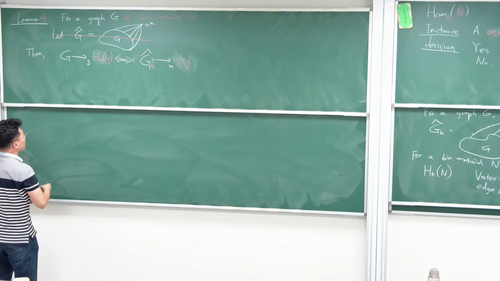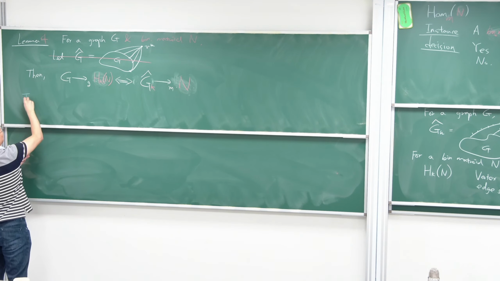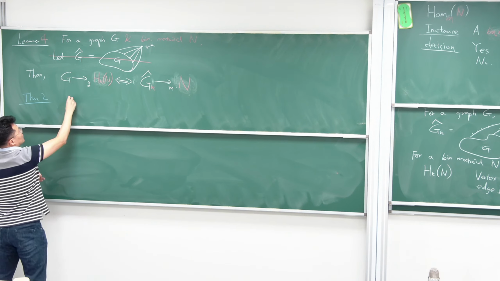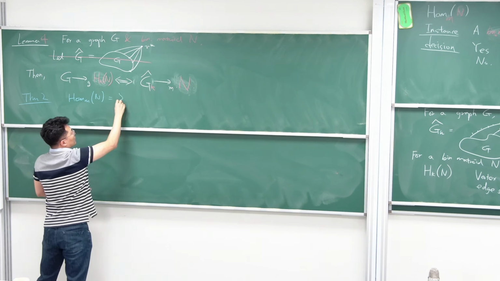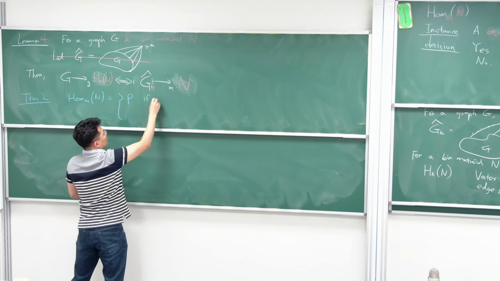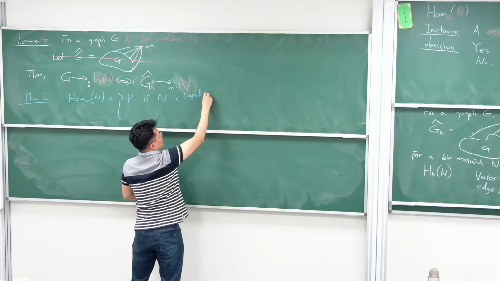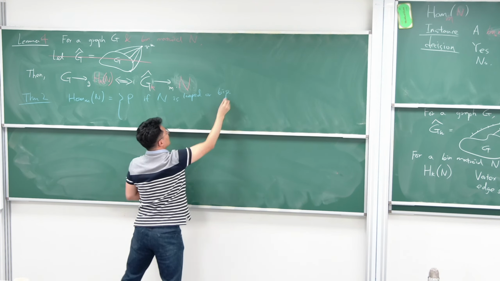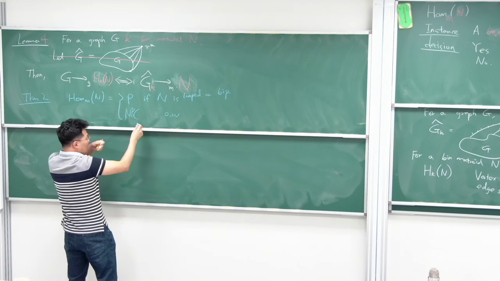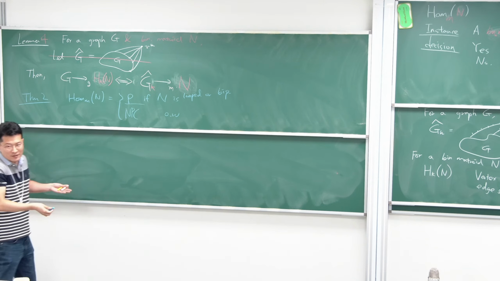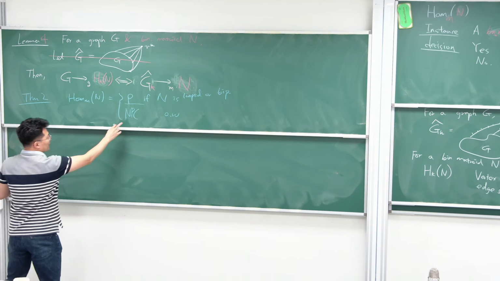So for theorem 2, let me remind. Bipartite. So actually the proof for the P part is the same as for graph homomorphism. So let's see this part.